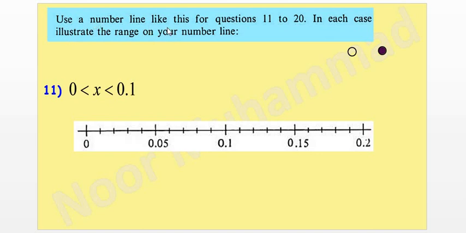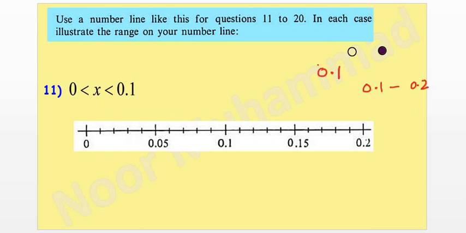It says use a number line like this one for questions 11 to 20. In each case, illustrate the range on your number line. Now remember, girls, let's say you have 0.1 to 0.2, like that.